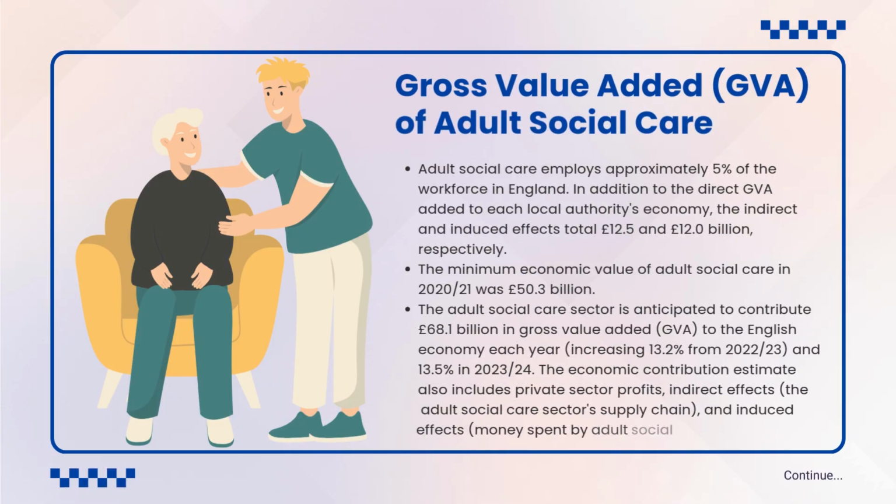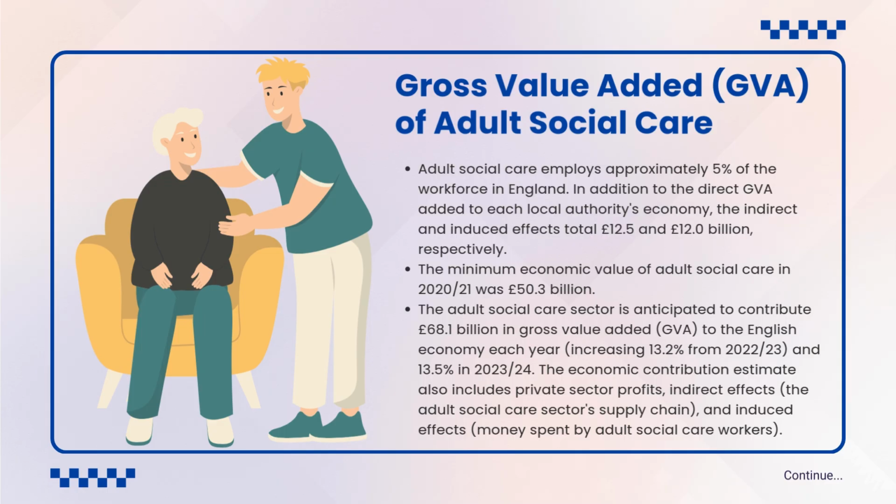Adult social care employs approximately 5% of the workforce in England. In addition to the direct GVA added to each local authority's economy, the indirect and induced effects total £12.5 billion and £12 billion, respectively. The minimum economic value of adult social care in 2020 to 21 was £50.3 billion.